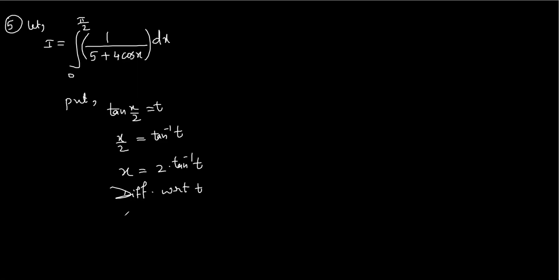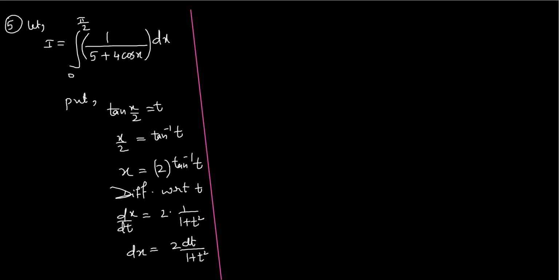So I get d by dt of x, and 2 is a constant. d by dt of tan inverse t is 1 upon 1 plus t square. So you have dx equals 2 dt upon 1 plus t square. The next step you do is you go for the integral.